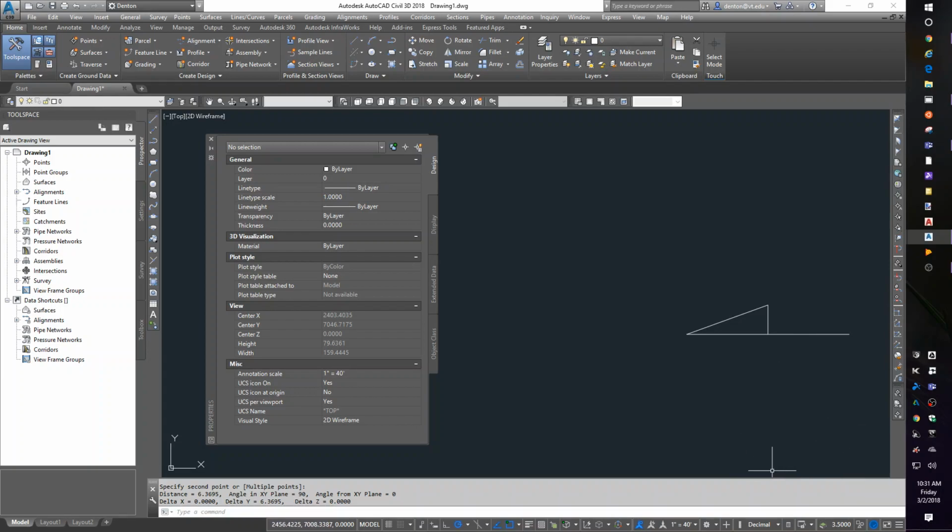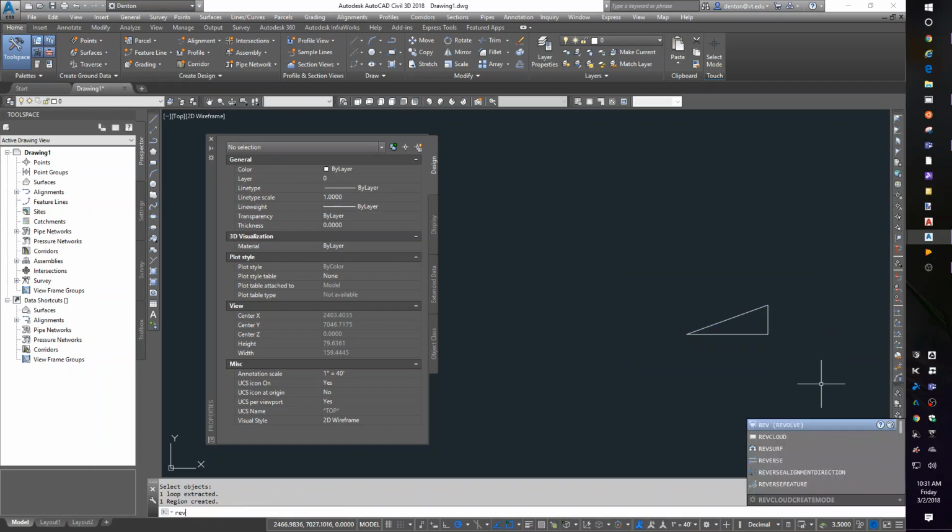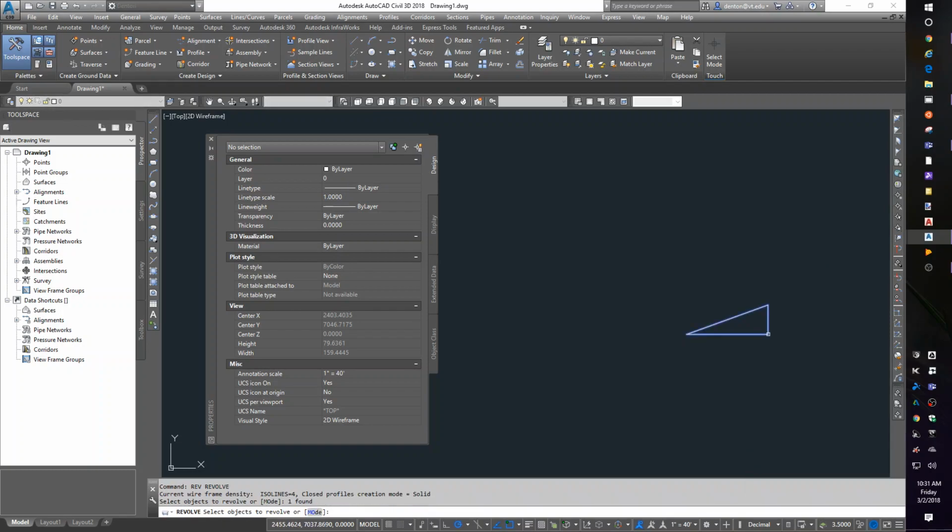And if you wanted a 3D volume, of course you could do the math, but I'm advocating that we don't need to do math. I'm going to do the region command. REG is the region command. I'm going to region that, and I'm going to REV, revolve that around its center point, 360 degrees.